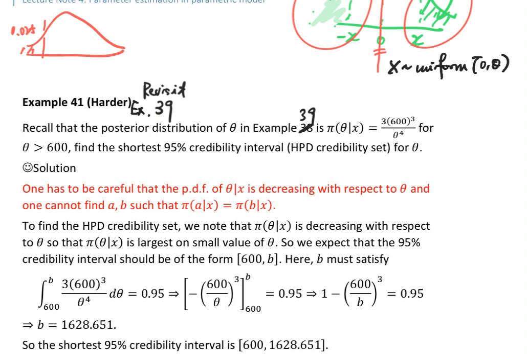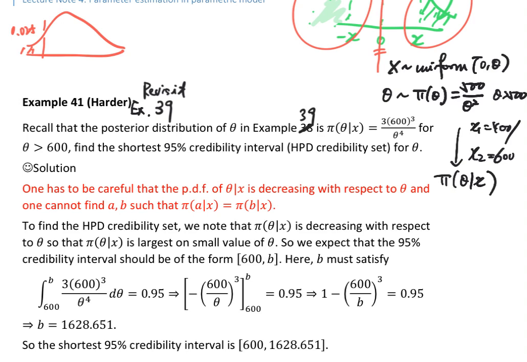Then here the theta has the Pareto distribution, which is equal to this. Given that you have two data points, S1 equal to 400, S2 equal to 600, I can use that to obtain my posterior distribution.